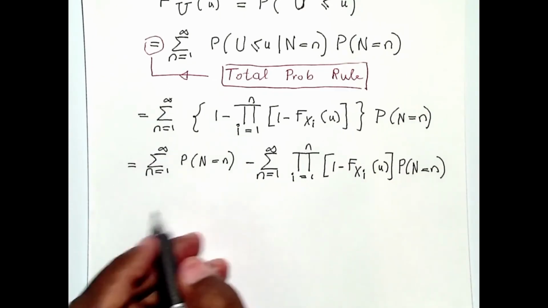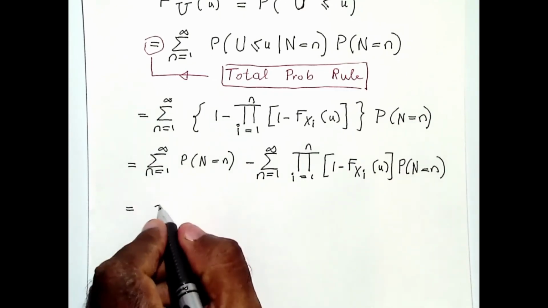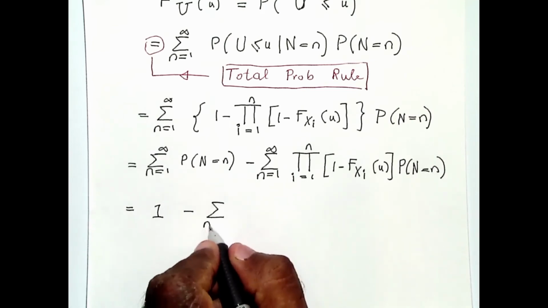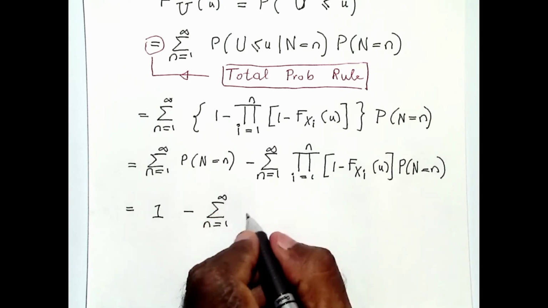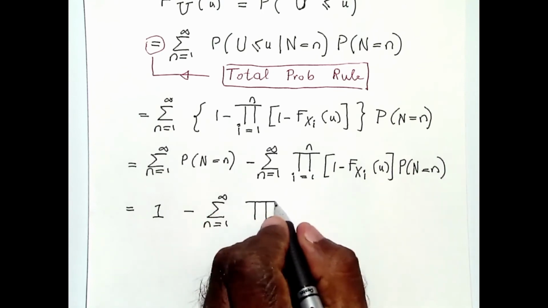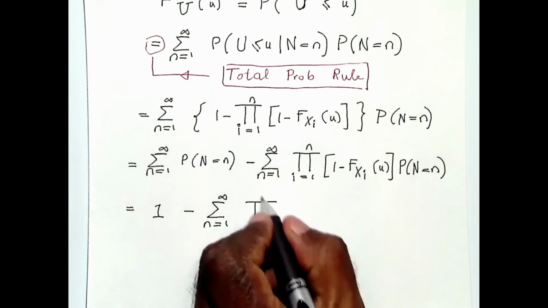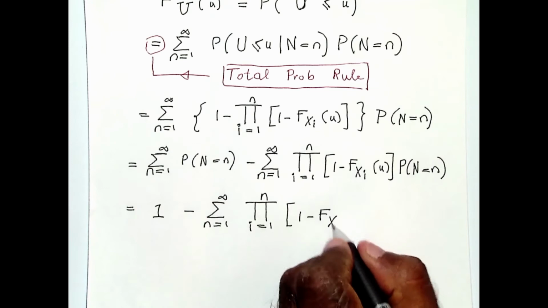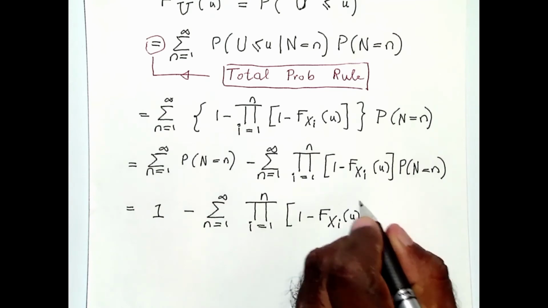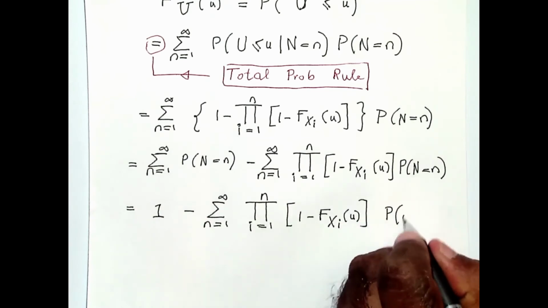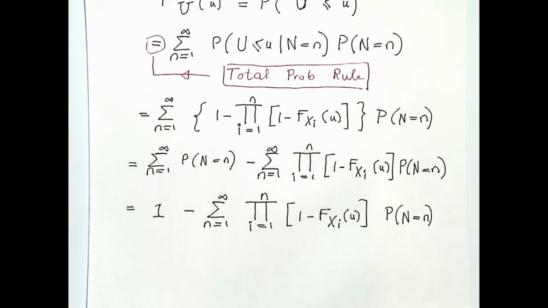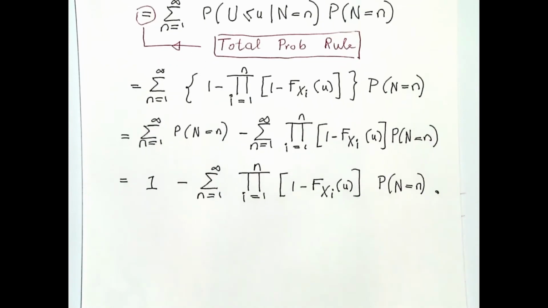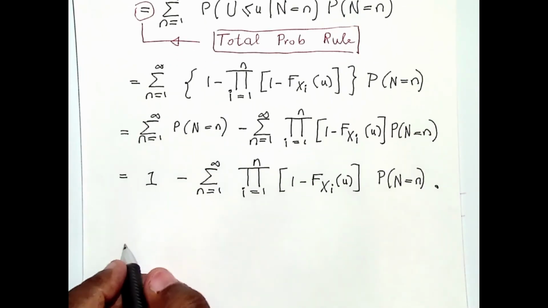The sum of the probabilities must be 1 by definition. So this is 1 minus the sum. Okay, so this is the formula for the CDF of U under case 4.